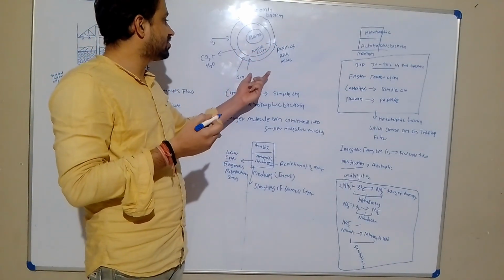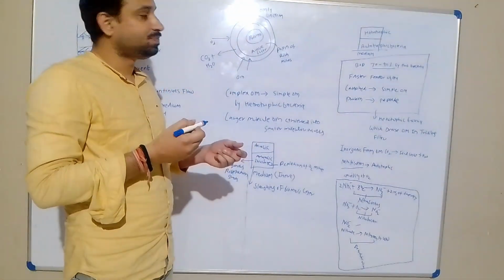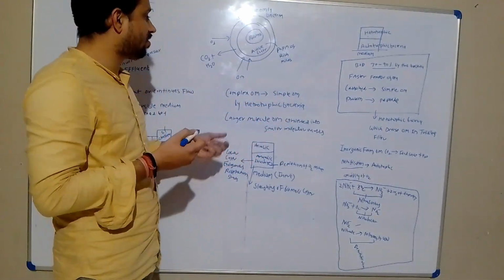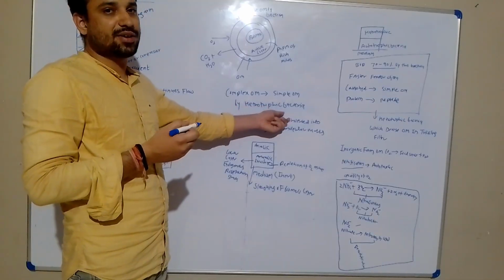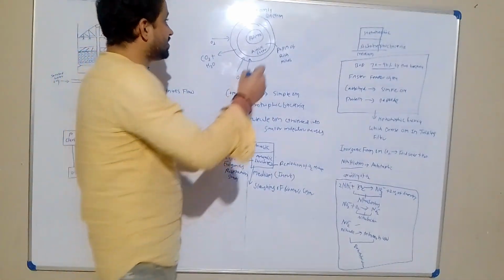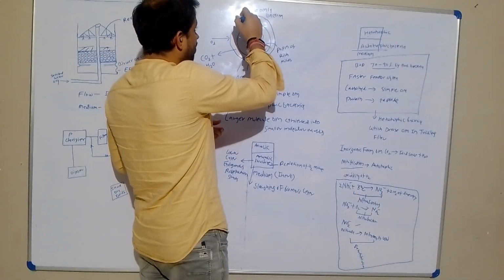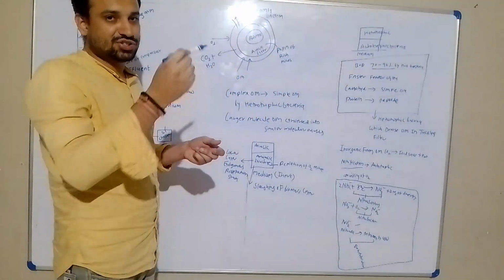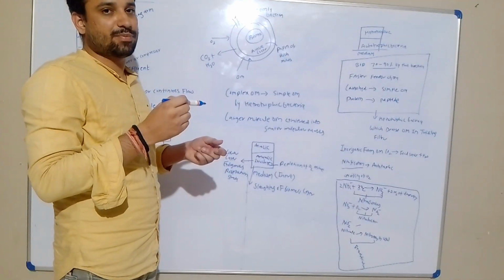Complex organic matter is converted to simple organic matter by the heterotrophic bacteria, and BOD is satisfied, organic matter is reduced, and the biomass layer grows by the synthesis of new cellular masses.